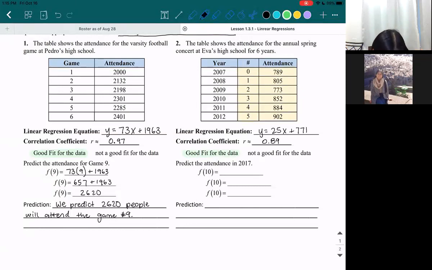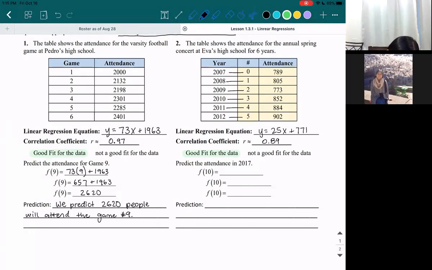Now it says predict the attendance in 2017, and it says we're plugging in 10. Why do you think we're plugging in 10? I want you to just think about that for a little bit. I'll give you some time. Okay, so I want you to think 2007 is year 0, where 0 represents the year 2007, 1 represents 2008, 2 represents 2009, 3 represents 2010, 4 represents 2011, 5 represents 2012.